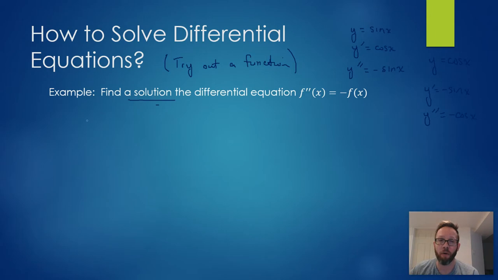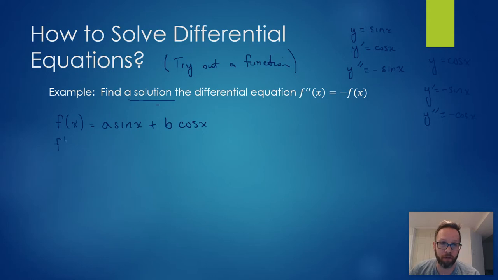Well, we can get a whole family of solutions. If I say that f of x is equal to some constant a times sine x plus some constant b times cosine x, I can actually show that this satisfies this differential equation too.